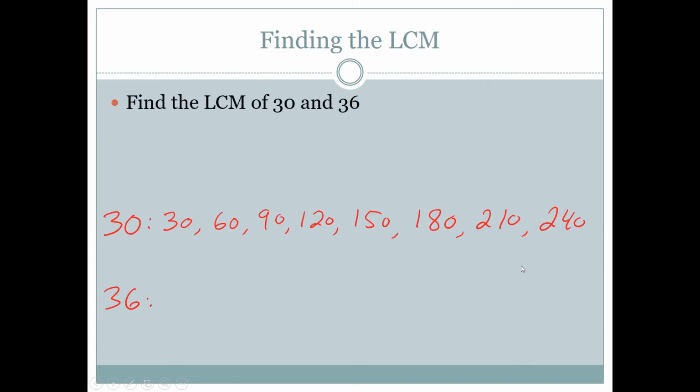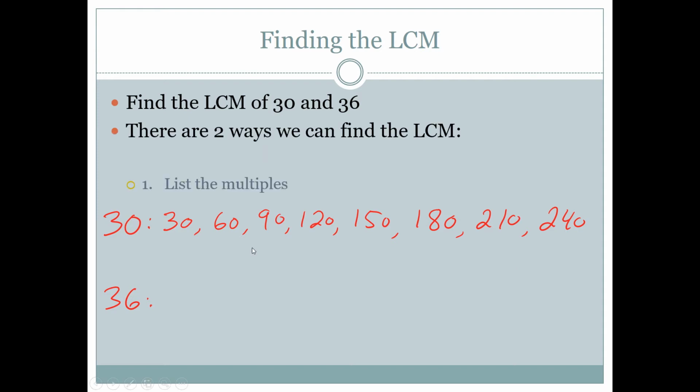Now, we can find the least common multiple of 30 and 36 one of two ways. One way is to list the multiples. I've already listed the multiples of 30 out. So let's do this now and list the multiples of 36. 36, 72, 108, 144, 180.